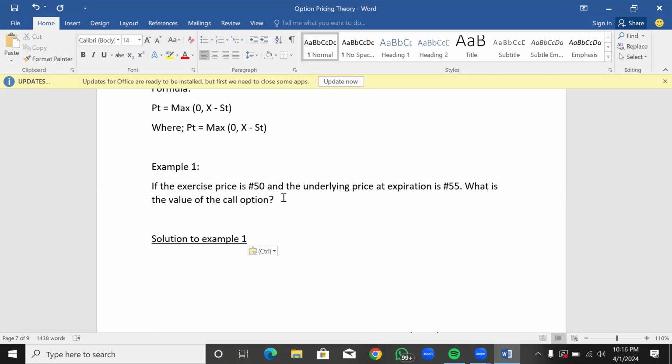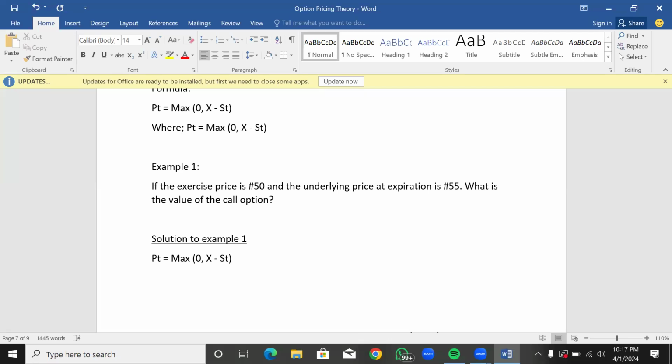So my formula is what? PT, which is the value of the put option, equals max of 0, comma, your exercise price minus your stock price. Now let's solve.